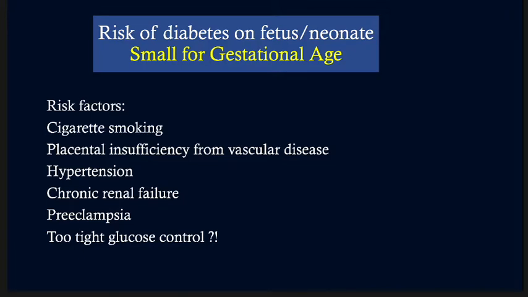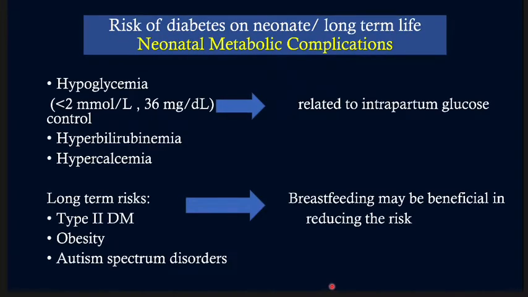They can have microvascular thrombosis or underdeveloped trophoblasts, which are very important for gas exchange at the level of the placenta. So these babies should be followed and observed both ways, either small or large. Risk factors include smoking, placental insufficiency, hypertension, and other comorbidities.